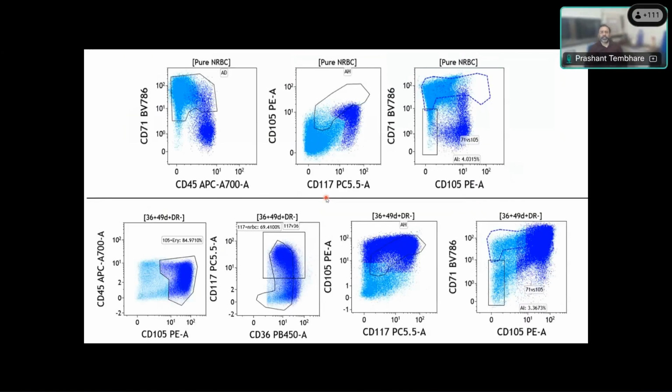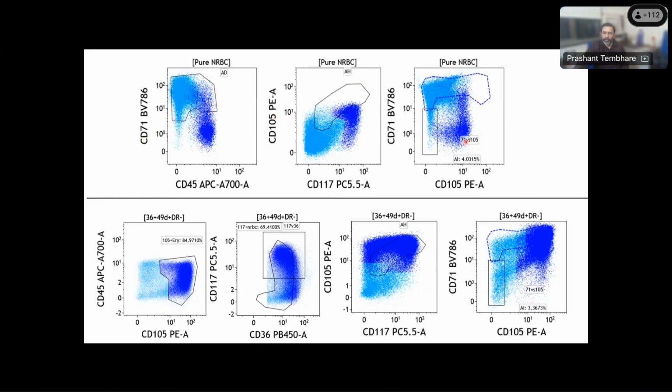Now this is an abnormal maturation pattern, which occurs usually in erythroid MDS. You can see the normal maturation pattern here. These cells show the loss of CD71 expression or even loss of CD105 expression.